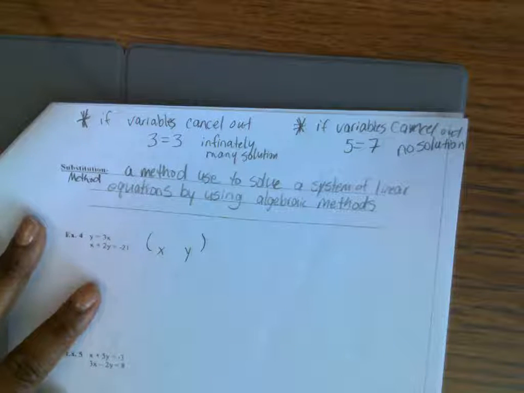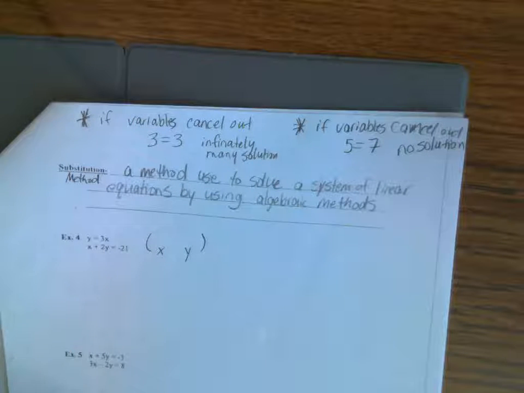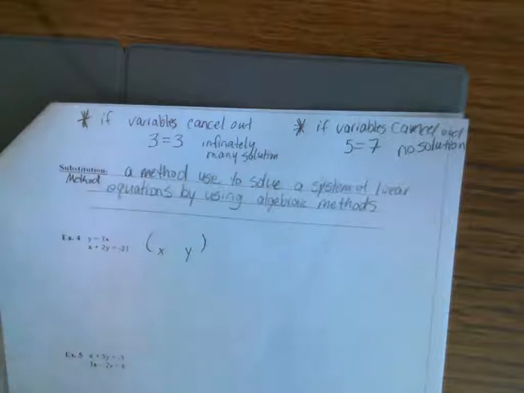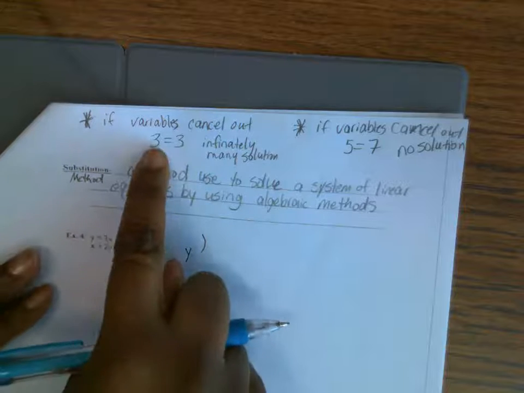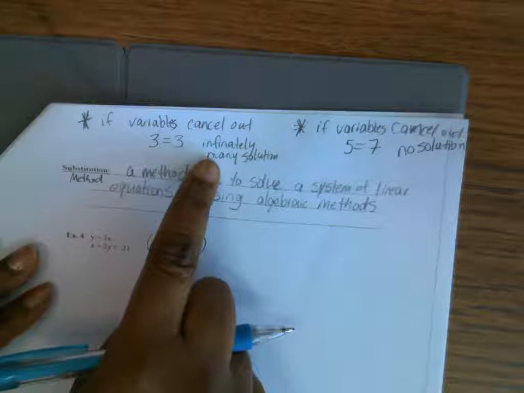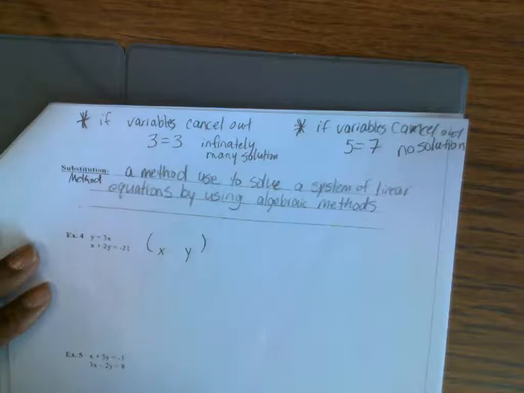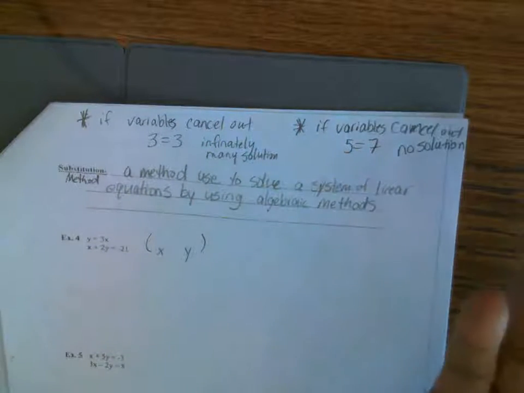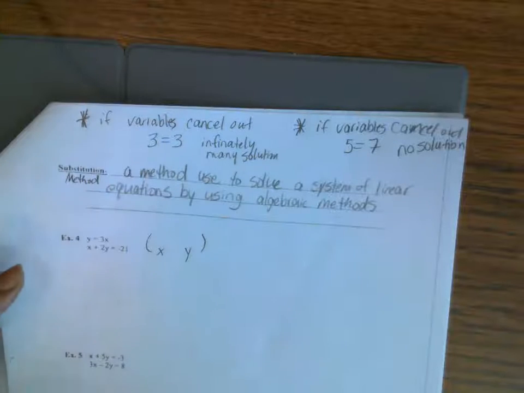This is going to be super important to know because you are going to have problems where, when you substitute values in, the variables are going to cancel out. And then when you get down to the end, you notice that, oh, both sides are equal to each other. That's infinitely many. Or, oh, both sides are not even equal to each other. That's no solution.